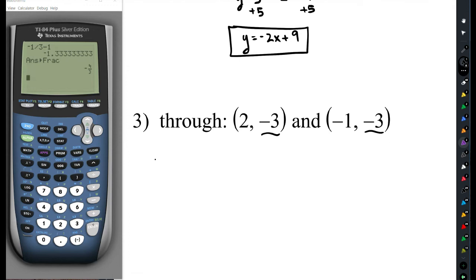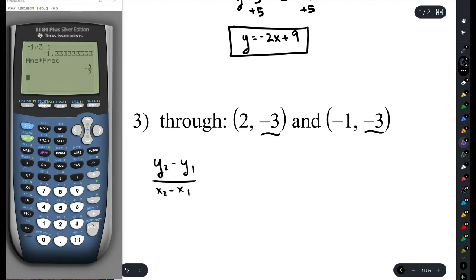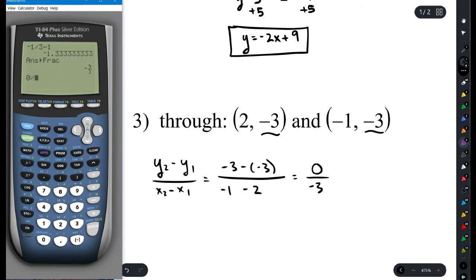If we were to find the slope, y2 minus y1 over x2 minus x1, we have negative 3 minus negative 3 all over negative 1 minus 2. Negative 3 minus negative 3 is 0 over negative 3. And 0 divided by negative 3 is 0. So we have a slope of 0.